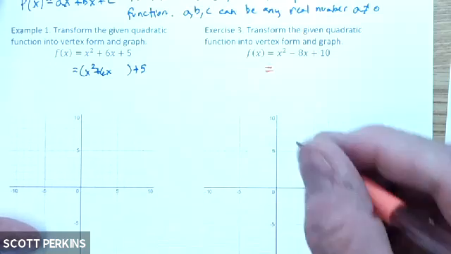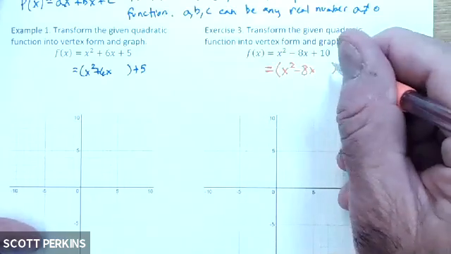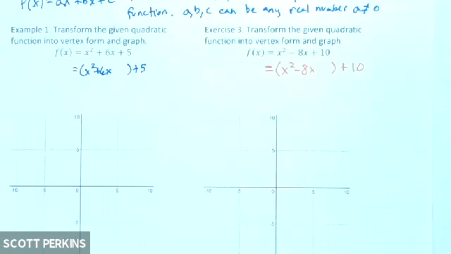Okay, when I group the x's on this one, I've got the x squared minus 8x. I'm going to leave a little space and then plus 10. Okay, so all you've done is rearranged the terms.